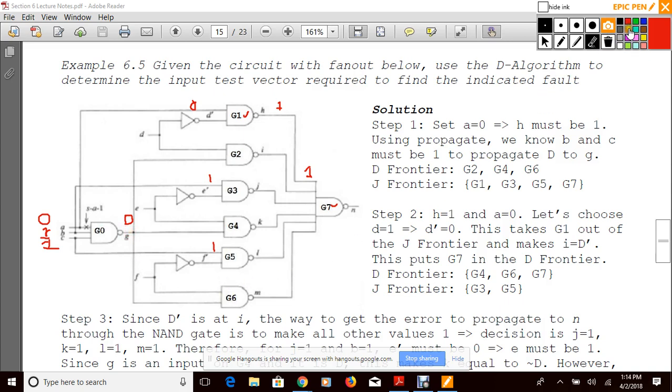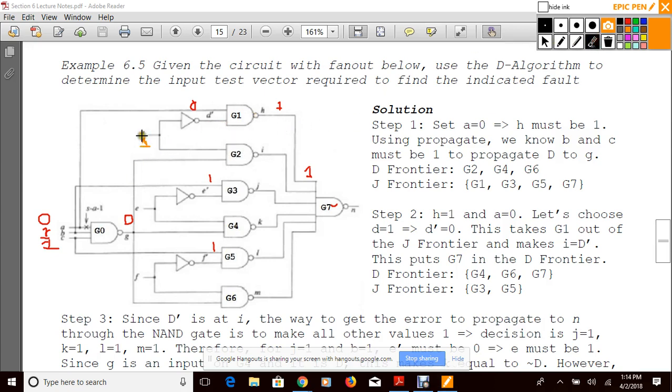Okay, so now that we know that H is 1, right, and A is 0, what do we have to do to propagate this value here, right? So if we have D is 0, right, or D bar is 0, and we pick D is equal to 1, right? Well, hold on.